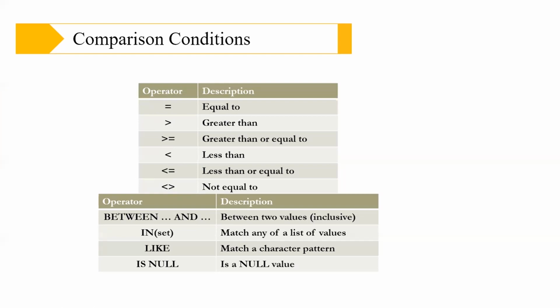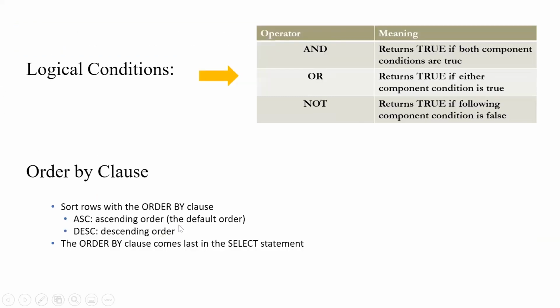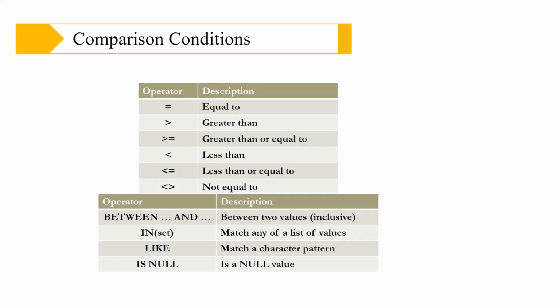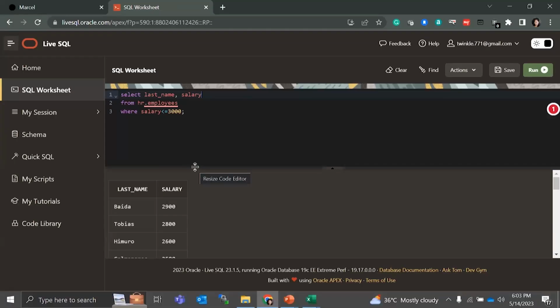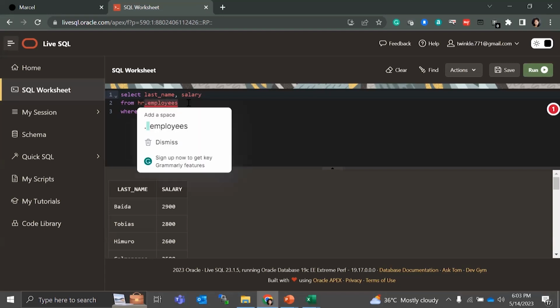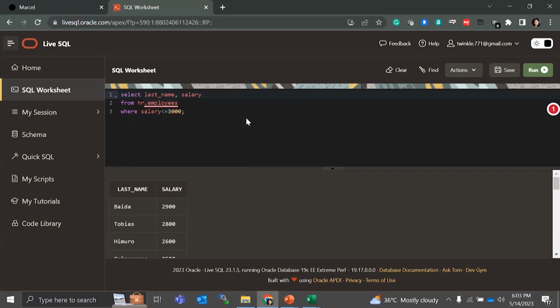Then we have some other comparison operators also, which are between, in, set, or like. We will see more on how they work. So let this be last name, comma, salary of employees. Now I want the records where the salary ranges between maybe 3,000 and 4,000.